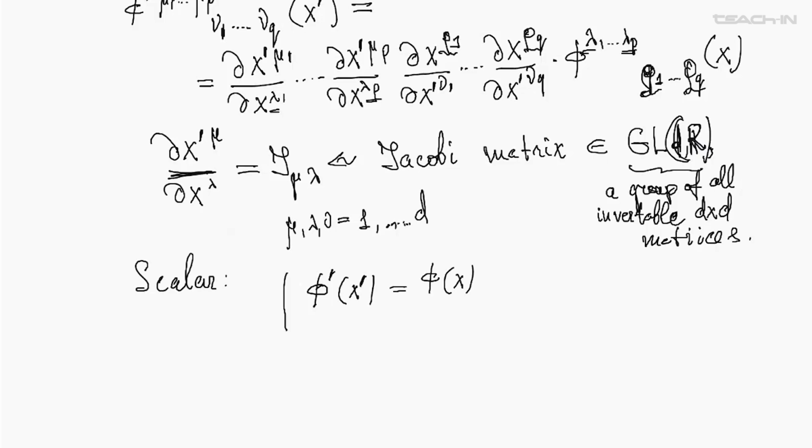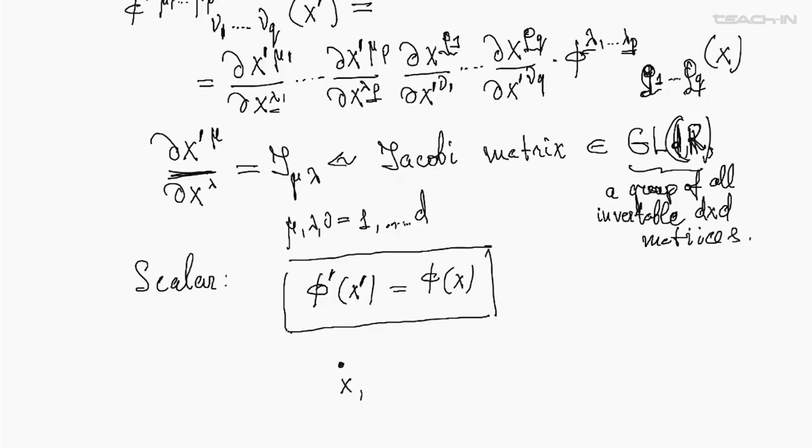It's important to realize that physically there is only one point, but in different coordinate systems. This point is specified by the coordinate x in one coordinate system, but from the point of view of the other coordinate system, it has coordinate x prime. But physically, this is one and the same point.